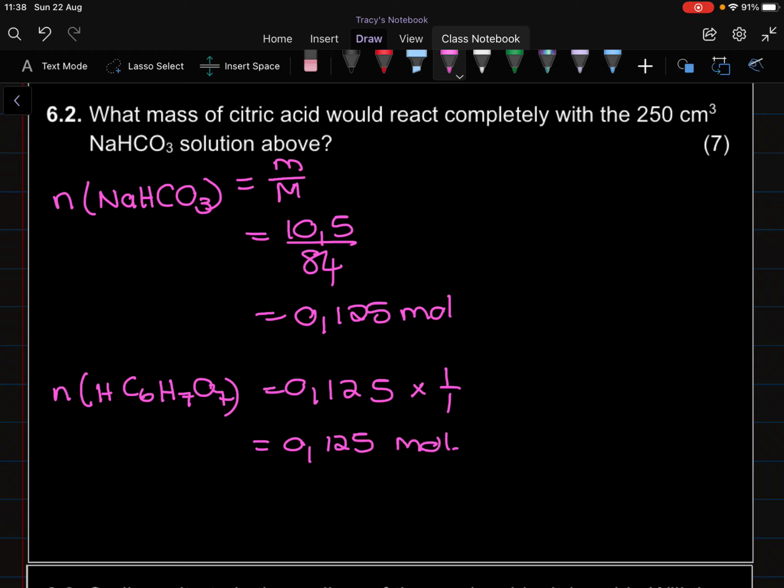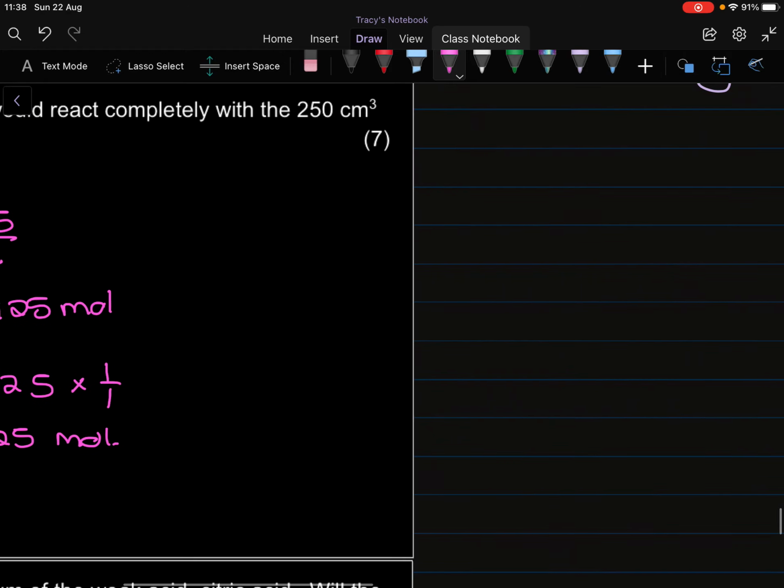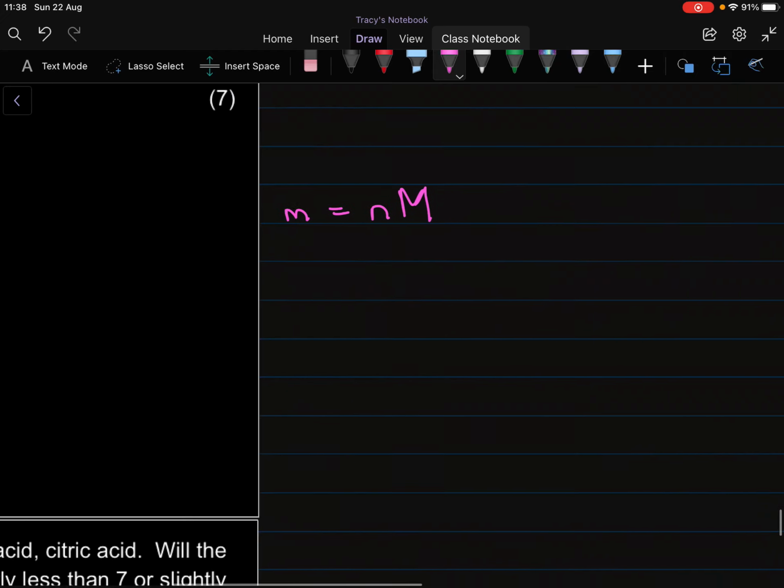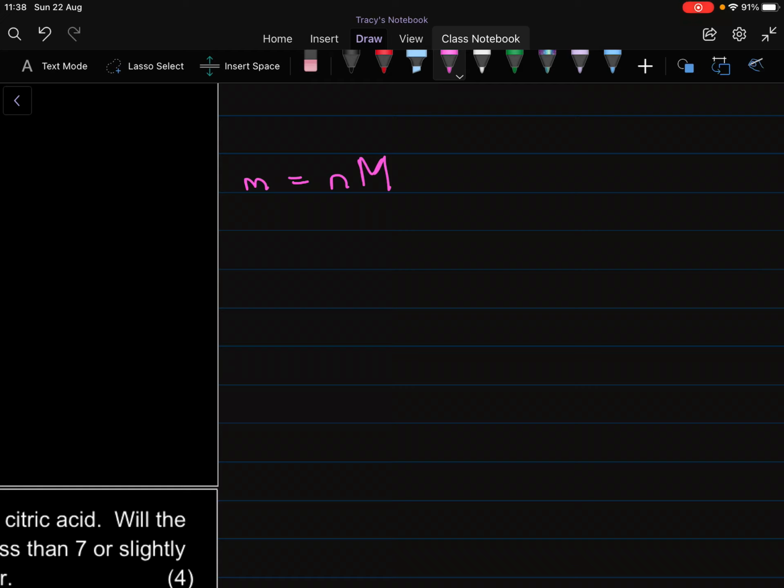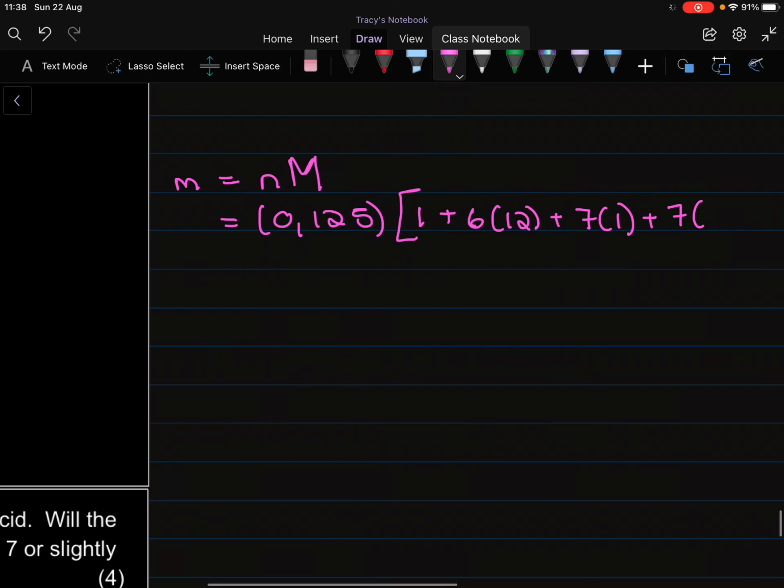Now if I want to know the mass, the mass of the citric acid is number of moles times molar mass. I'm going to work out the molar mass of the citric acid inside the equation, though you can do it separately because it doesn't actually matter. So this is 0.125 times a hydrogen plus 6 carbons plus another 7 hydrogens plus 7 oxygens, and we put that all in our calculator and we get 24 grams.